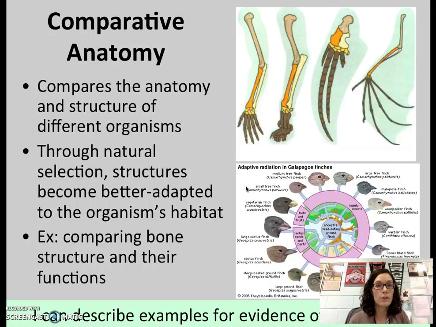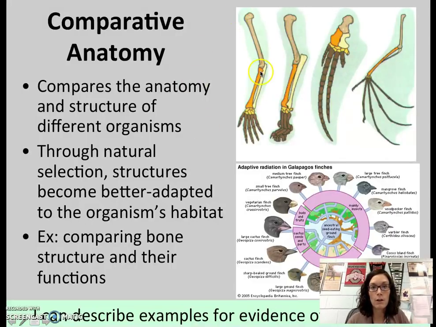All right, we have what's called comparative anatomy. And on page 8 of your packet, you're going to take a closer look at some comparative anatomy. You're looking at the anatomy of different organisms.